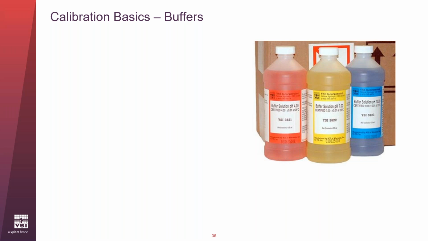Let's talk about buffers. First of all, buffers are the standards that we use to calibrate. A buffer is a solution that can accept both acidic and basic ions without their own pH changing significantly. The most common buffer set is that of 4, 7, and 10, sometimes called USA or USA Blue Book.